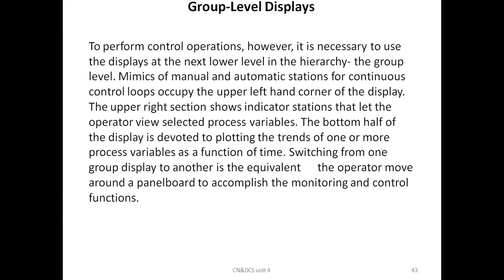The bottom half of the display is devoted to plotting one or more process variables as a function of time, switching from one group display to another equivalent. The operator moves around panel boards to accomplish the monitoring and control functions.